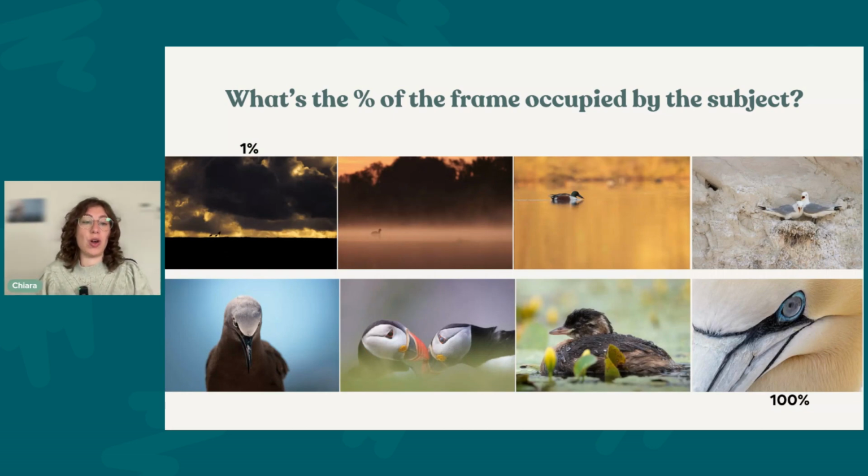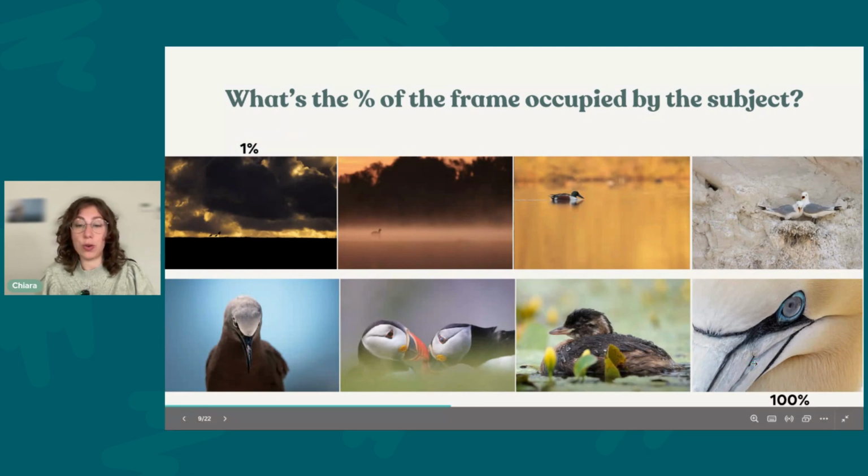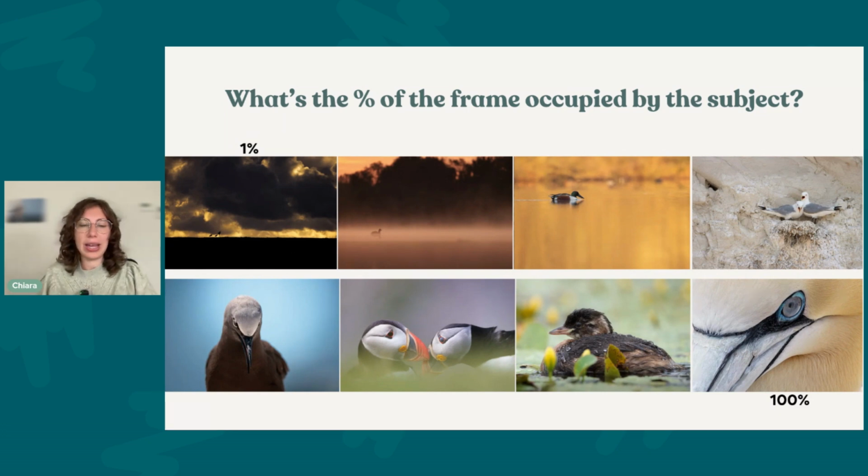So we can go from photos that are really extreme, where the subject is really, really tiny in the frame, and then the subject constantly grows until we get to photos where 100% of the frame is occupied by the subject. I think you can immediately appreciate how different these photos are from one another and also how different the feelings that they transmit are.